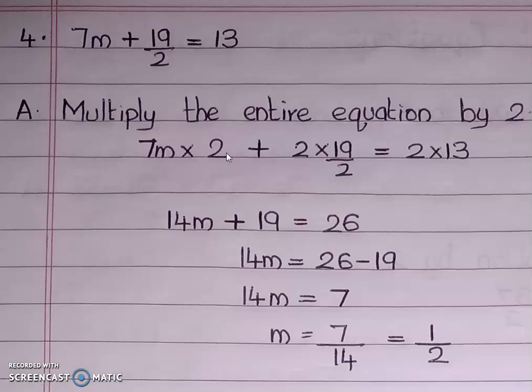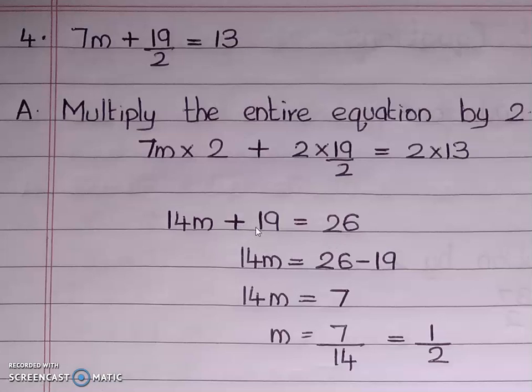So 7 into 2, 14. 2 and 2 get cancelled here, so remaining 19. 2 into 13, 26. So the equation that you will get is 14m plus 19 equal to 26.